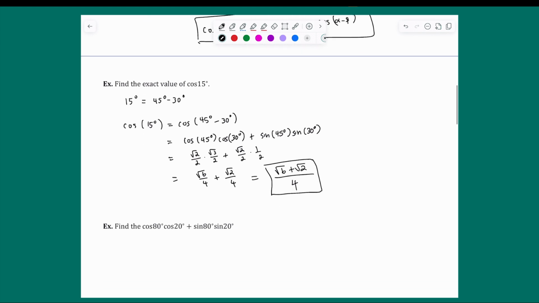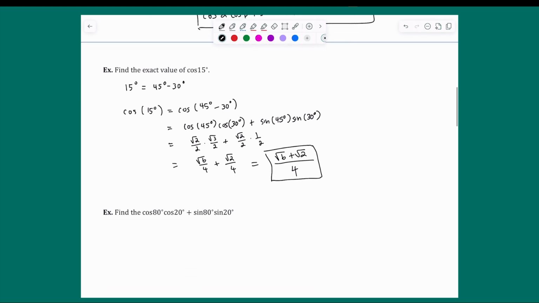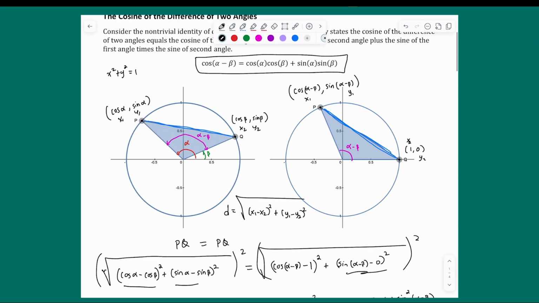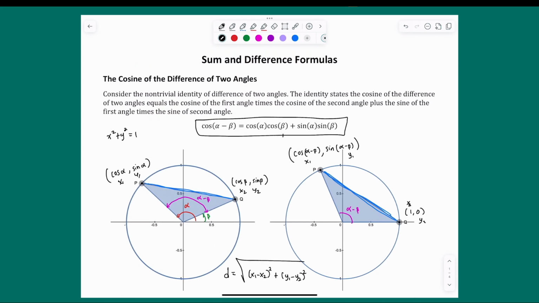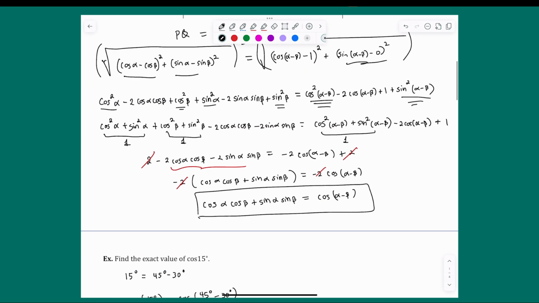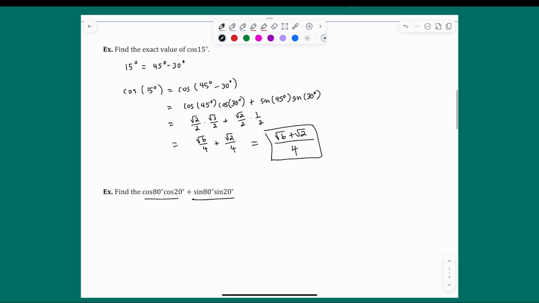Likewise, another situation we can use it in is an expression like this here, where we have cosine of 80 degrees times cosine of 20 degrees plus sine of 80 degrees and sine of 20 degrees. And so we can pretty much use the fact that this here is basically the right hand side of our identity, and we can go backwards, since it has that form.